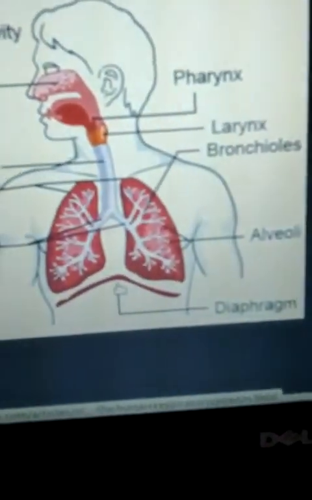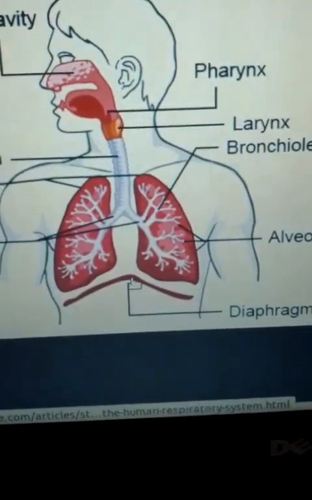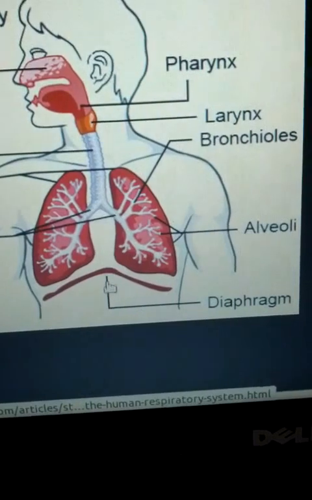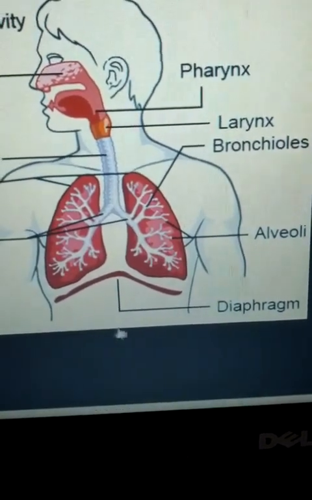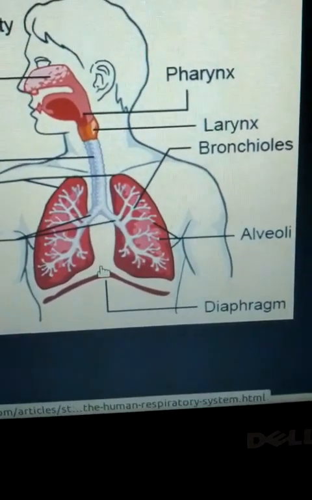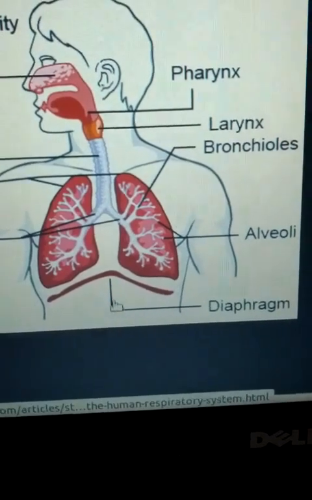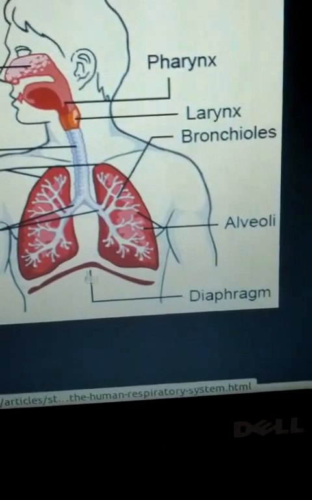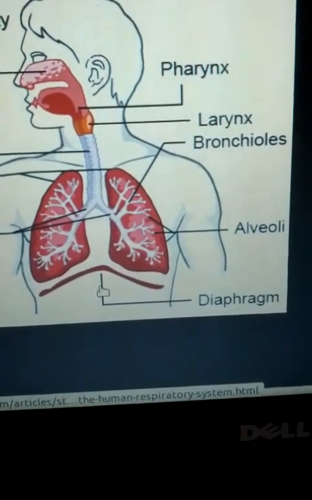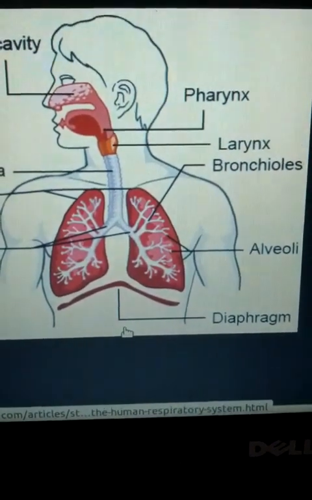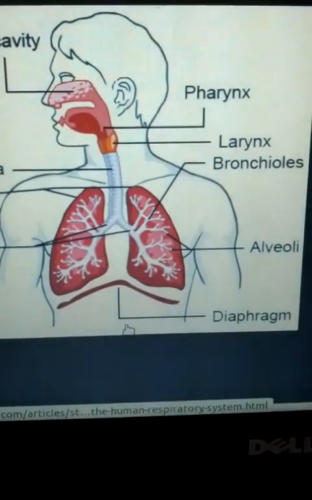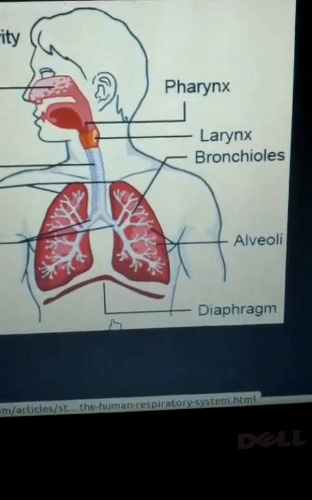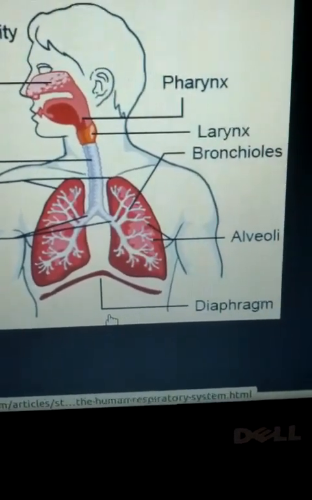As we have discussed, when the diaphragm moves down, the air enters inside. When the diaphragm moves upwards, the air moves outside. So this repeated movement of the diaphragm helps the air to enter inside and move outside.